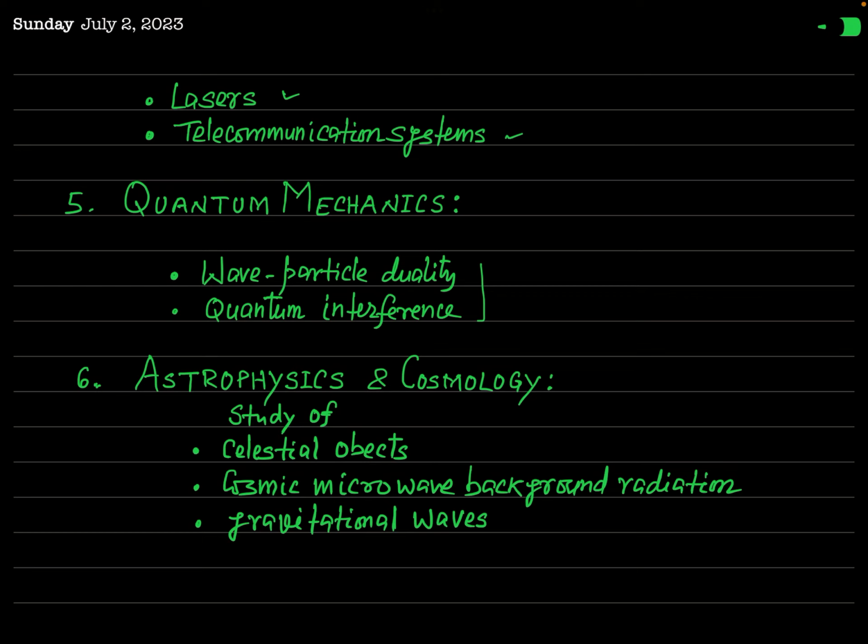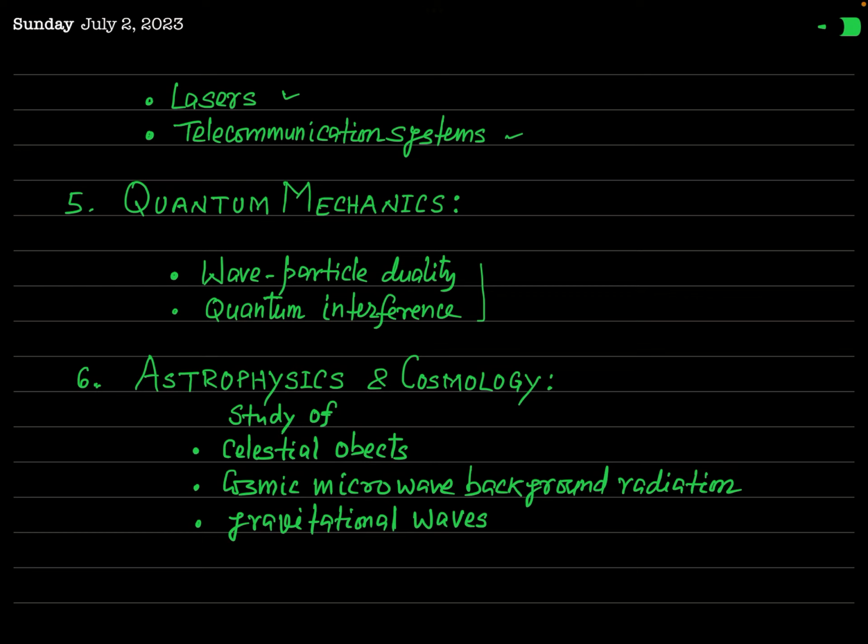Okay. Finally, I am talking about why this study of oscillation and waves is very important in the study of astrophysics and cosmology. Okay. Actually, waves play a very crucial role in the study of universe.